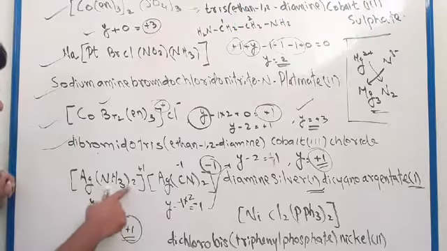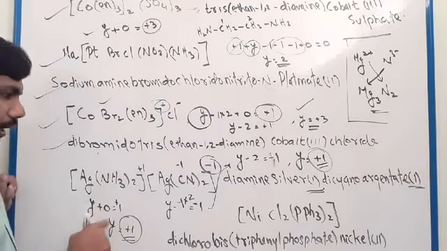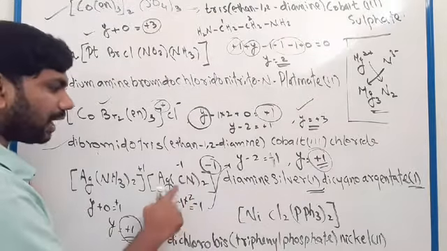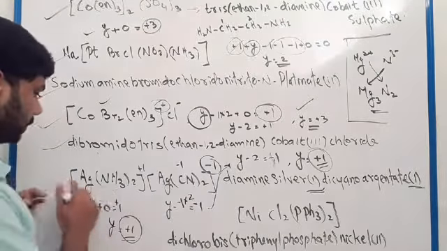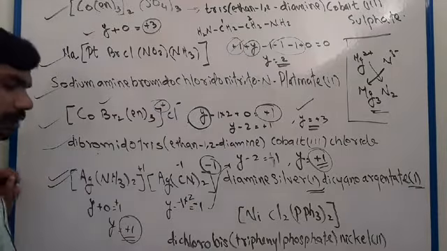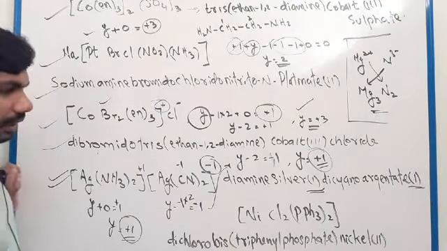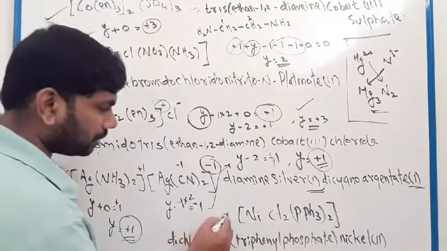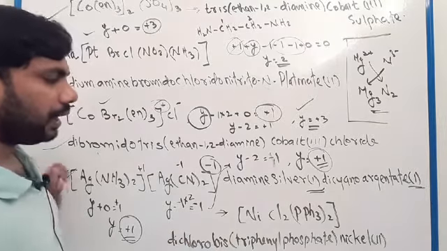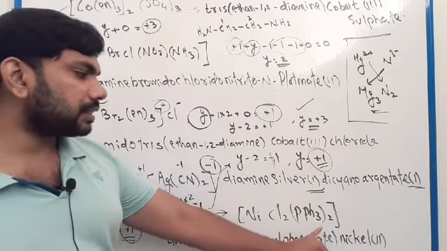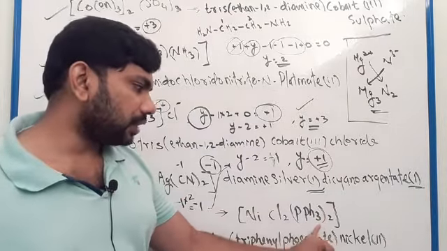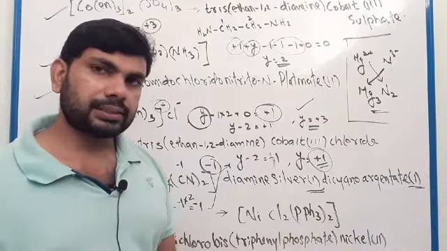Okay, so diamminesilver(I) dicyanoargentate(I). This is the name of this coordination compound. Clear? Here, the last example, we have a different ligand: PPh3 twice.